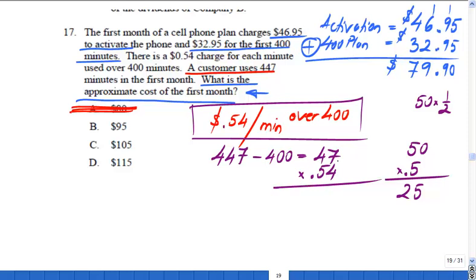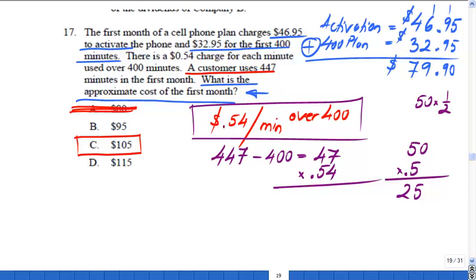And if you want, you can go ahead and perform that multiplication, 47 times 0.54 here, and see if you get the same answer. Like I said, we may have some mistakes going on in here. I can see that actually the best option here for me seems to be C, because C is 105.